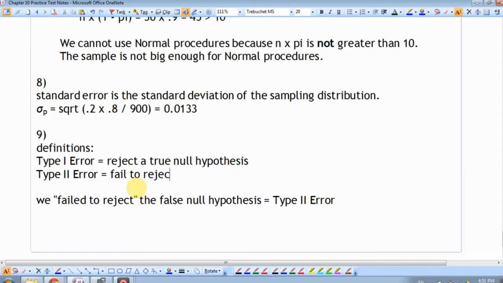Fail to reject a false null hypothesis. So that just goes by definitions. Okay.